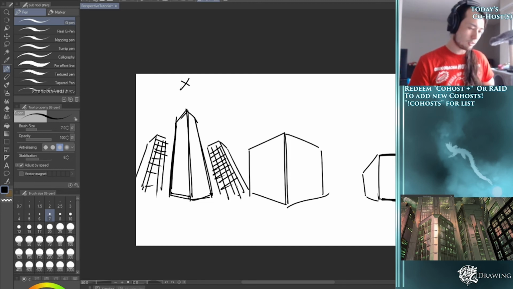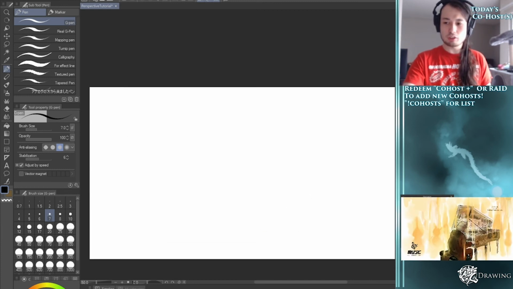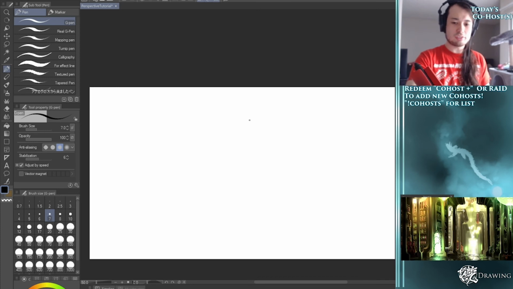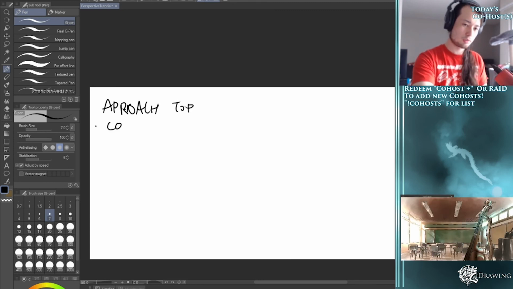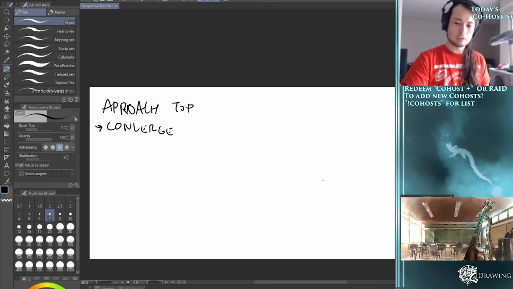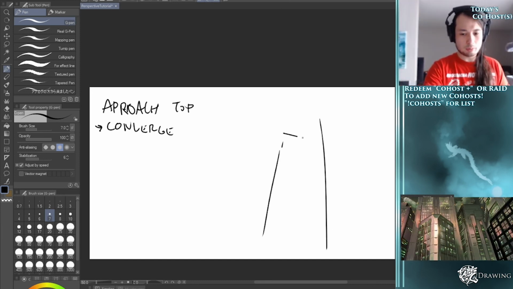Does that make sense? Now, just like with the other systems, we can generalize. You can say, okay, as things approach the top, they converge. So I don't really need to do the three-point perspective if I'm doing, I don't know, maybe a bridge.